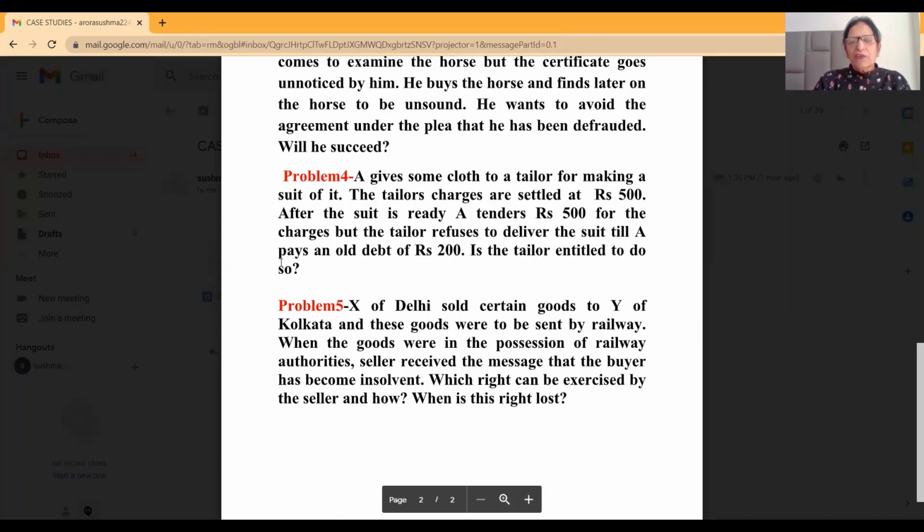He has lost the possession of goods, but he can take back the possession of goods from the railway authorities. In both cases, the railway authorities should not deliver the goods to the buyer at the point of destination, and they should always follow the instructions given to them by the unpaid seller, X in the given problem.